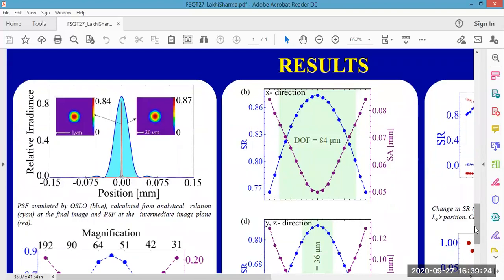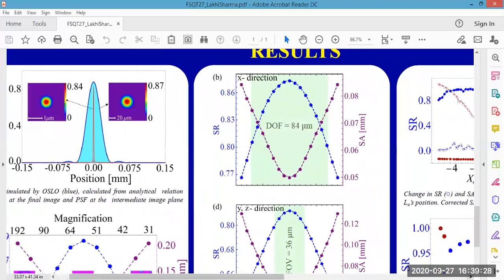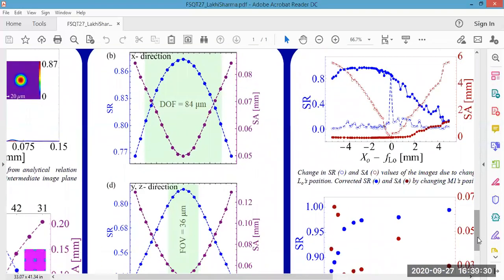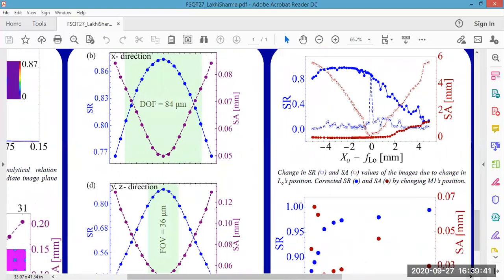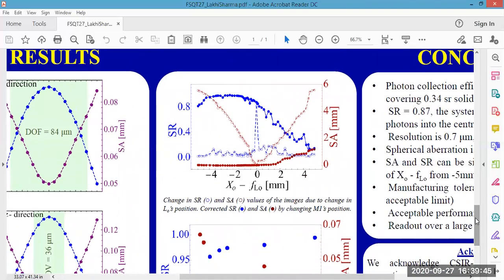Another thing to keep in mind is the depth of focus and the field of view of the system. In our case, the depth of focus is 84 micrometer, and the field of view is 36 micrometer. So this can encompass a large number of trapped species. Then the other thing to consider is the manufacturing and assembly tolerances.